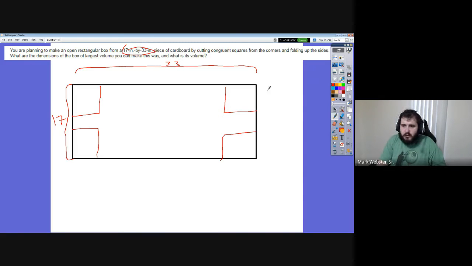And then we're going to fold it up to make our box. We're going to make a crease here and here and here and here, and fold up all the pieces to make a box.